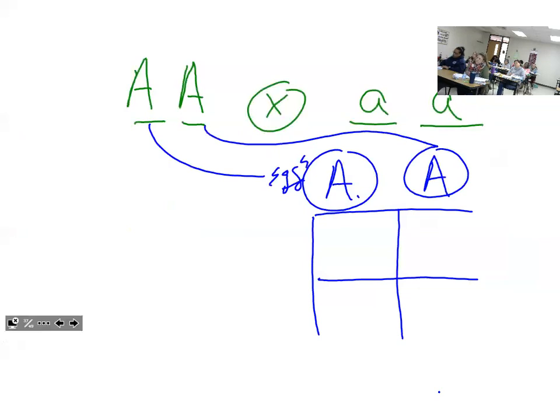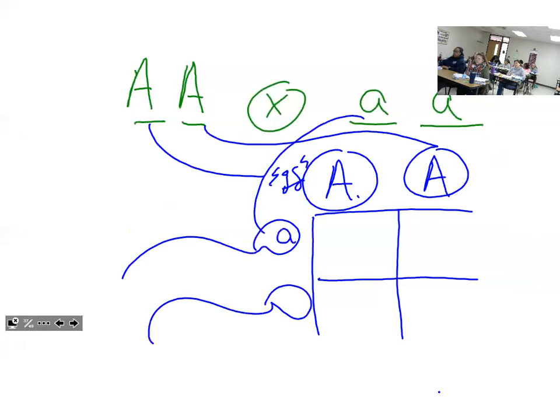You good? Okay, now let's look at the guy. The guy gets to make sperm, right? And he's got this. He can either send this one to the sperm or he can send this one to the sperm. Do we all agree? Because these are actually physical chromosomes that we're representing with these letters here, right? Go back and look at the karyotype.